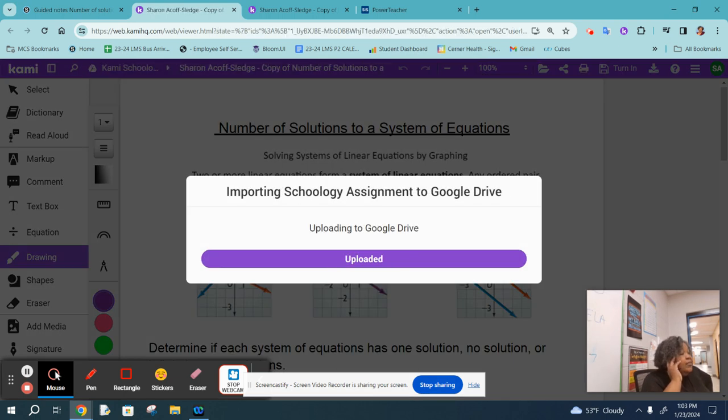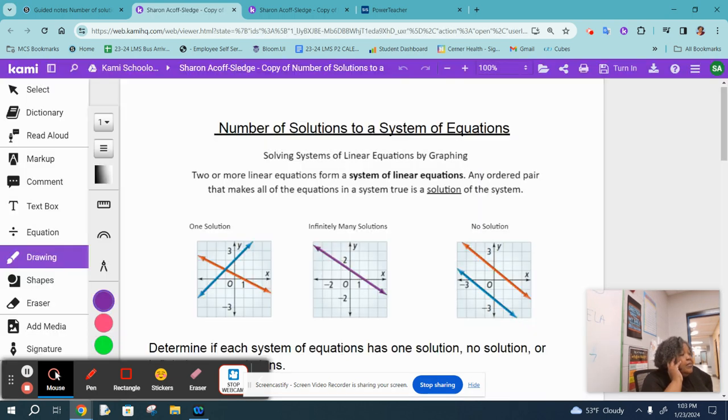That's where the lines intersect. There are times when the lines don't intersect at all. That would be no solution. And there's a time when the lines are on top of each other, and that would be infinite solutions. Parallel lines would be no solution.